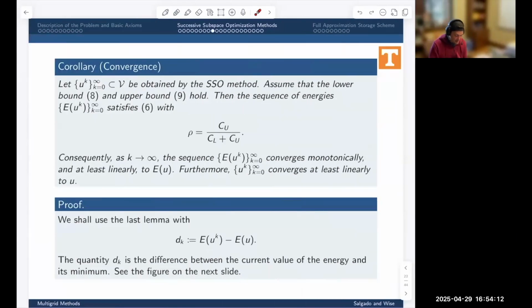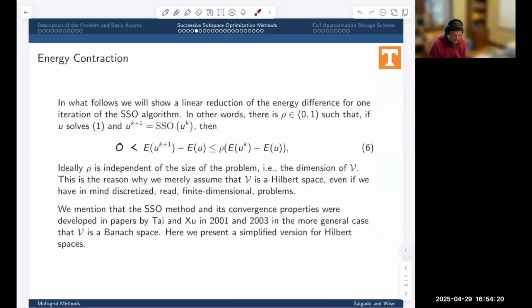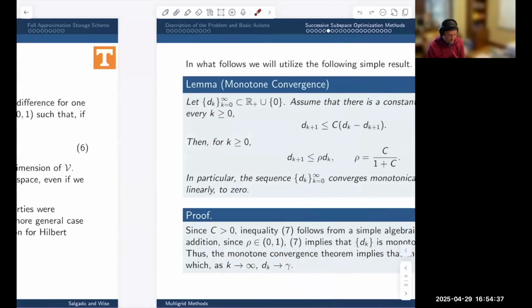If those things happen, then the sequence of energies satisfies 6. And if this holds, then this has to converge to that, because we know that the difference is converging to 0. That, by the way, also guarantees norm convergence.